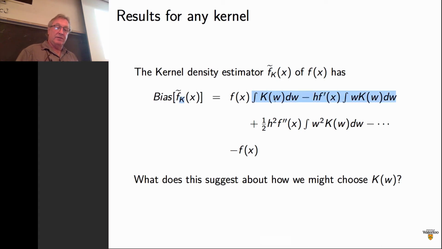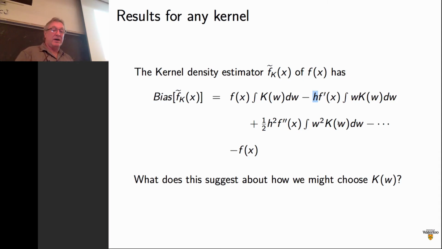If that piece integrated to 1. So you say, well, if I required k of w to integrate to 1, that first piece is 0, so that's pretty good. That means that the bias is really only of order h, which is hopefully small.